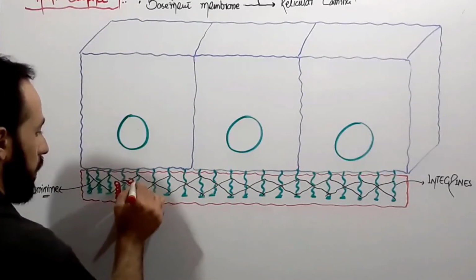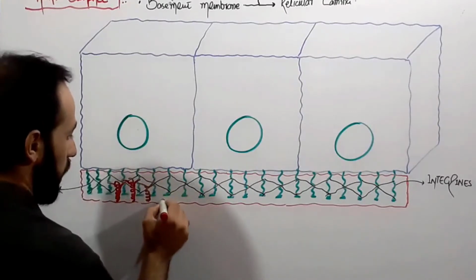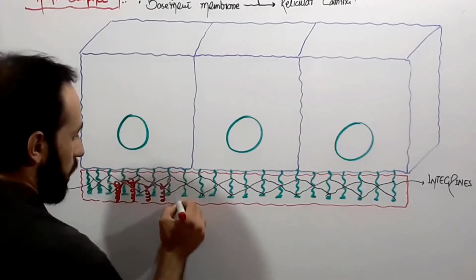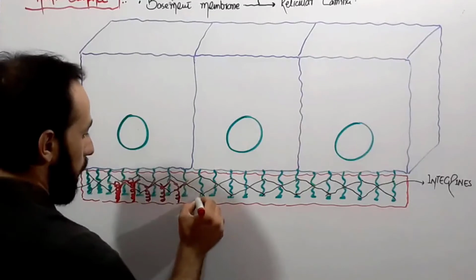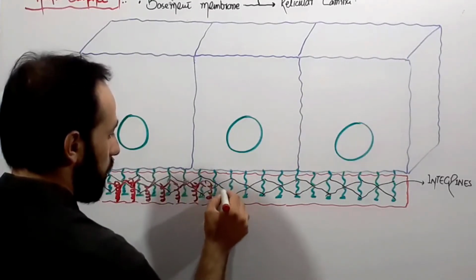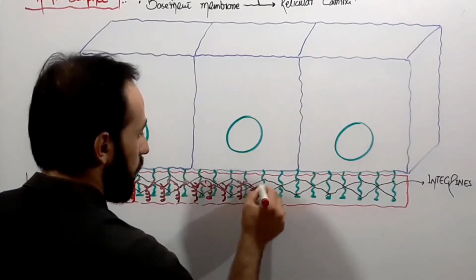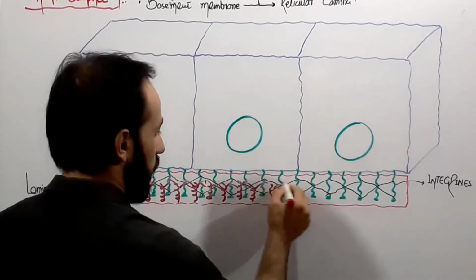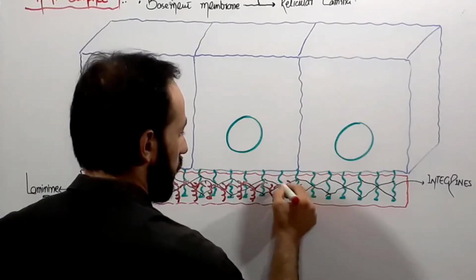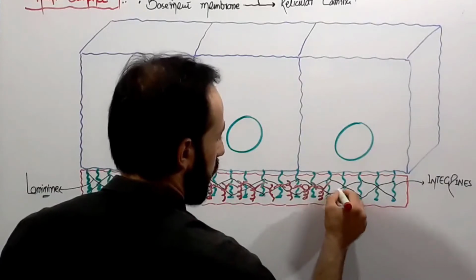These are found in the lamina lucida. So we are making the diagram very simple for our clear understanding. In the lamina lucida, these are your intactin proteins.